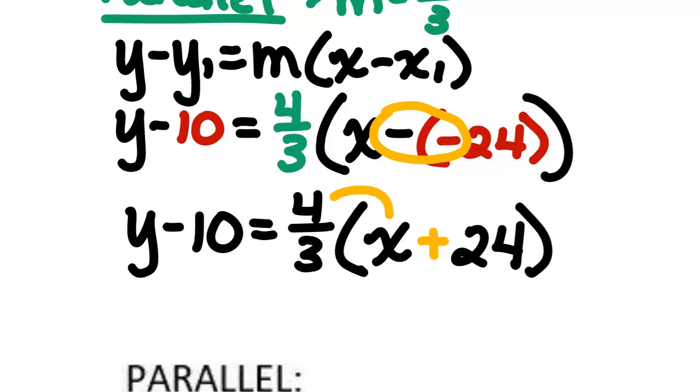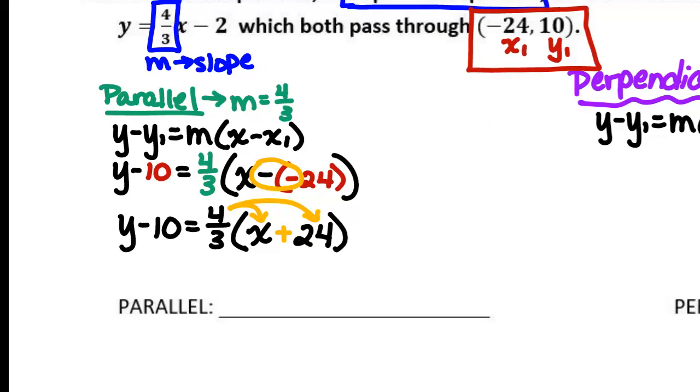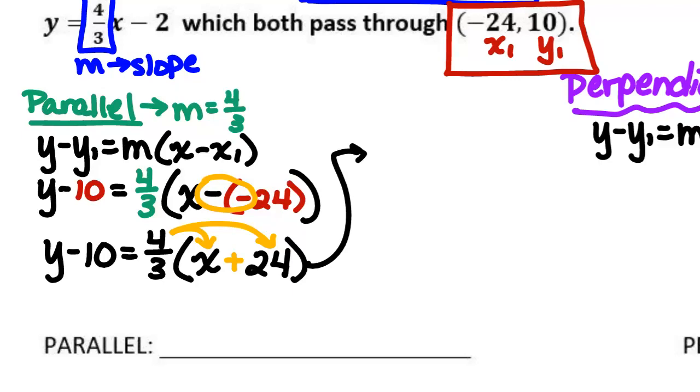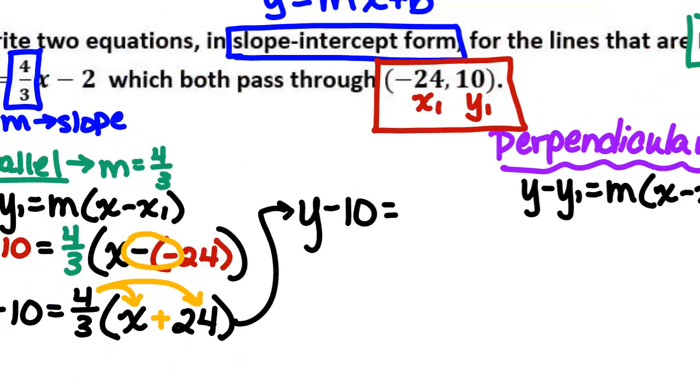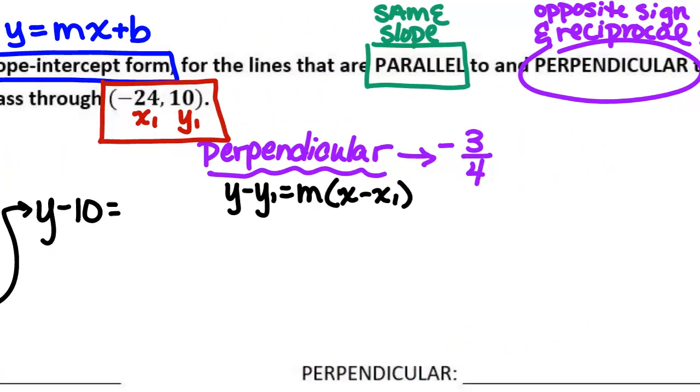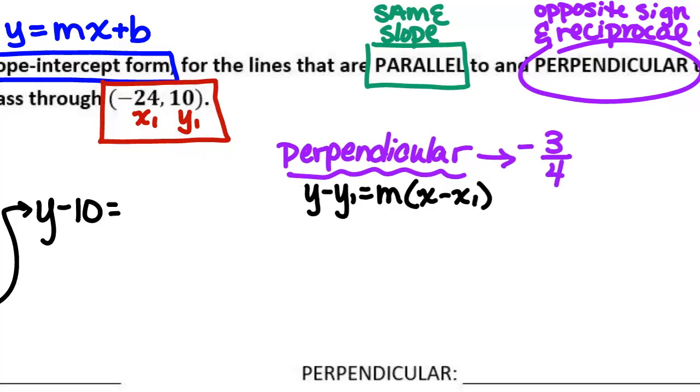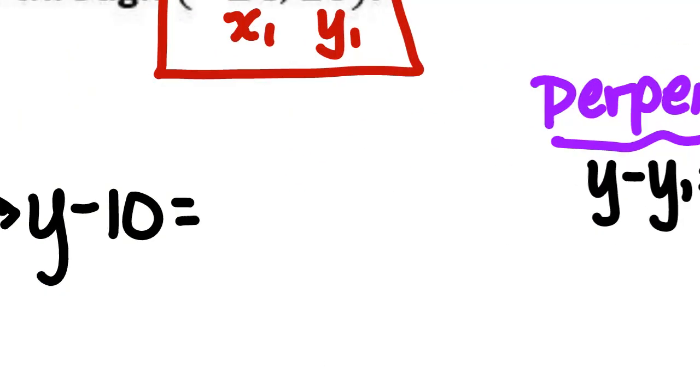I need to take this 4/3 and distribute it. I'm going to bring my work over here. Y minus 10 equals 4/3 x plus, and I need somebody to grab a calculator for me. What is 4/3 times 24?